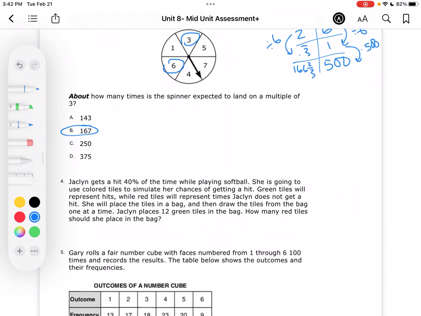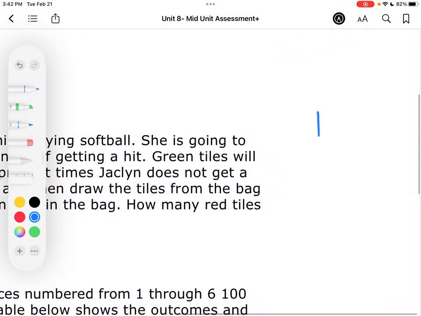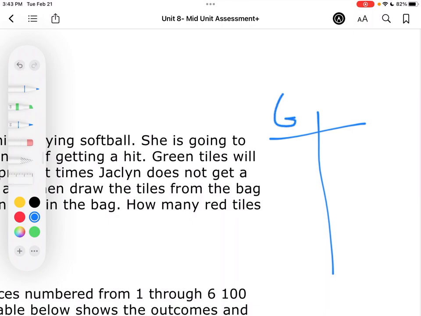Jacqueline gets a hit 40% of the time. She is going to use colored tiles to simulate her chances of getting a hit. Green tiles will represent the hits. Red tiles will represent the times that she does not get a hit. She will place the tiles in a bag and draw the tiles from the bag one at a time. Jacqueline places 12 green tiles in the bag. How many red tiles should she place in the bag? Well, I have green and red.